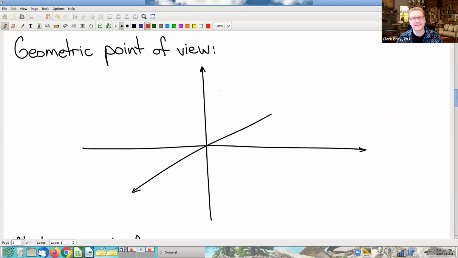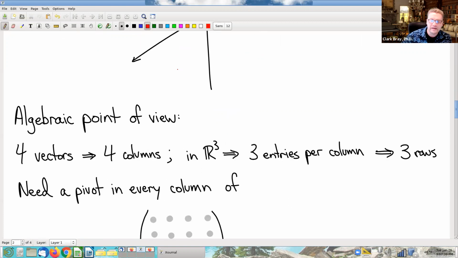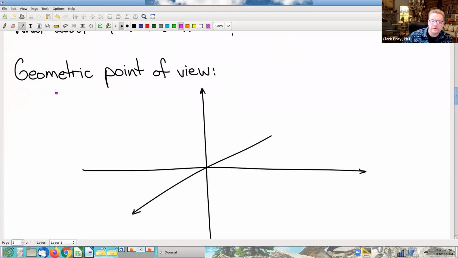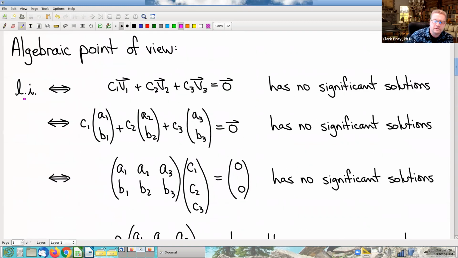Notice we don't need that, though. The beautiful thing about this, and the reason I wanted to look at the geometric point of view here, is to see how it's kind of undesirable, and yet the algebraic point of view is the same. It's hardly any harder at all. Viewed algebraically, we're still entertaining independence.